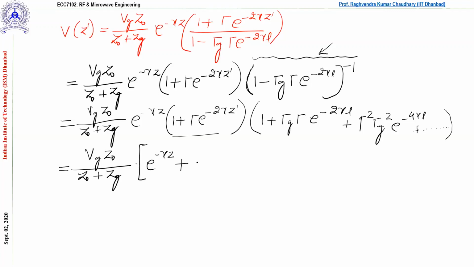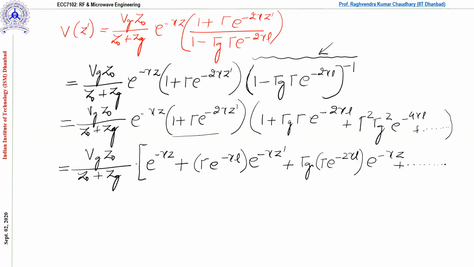I multiplied, so I'm writing the final form: gamma e to the power minus gamma l, because this will provide you the fixed value. That's why we are putting it like this, and this is a coefficient of minus gamma z dash, plus then gamma g gamma e to the power minus 2 gamma l. I believe you can find the similarities, correct? Minus gamma z, and it will keep going on. Fine.